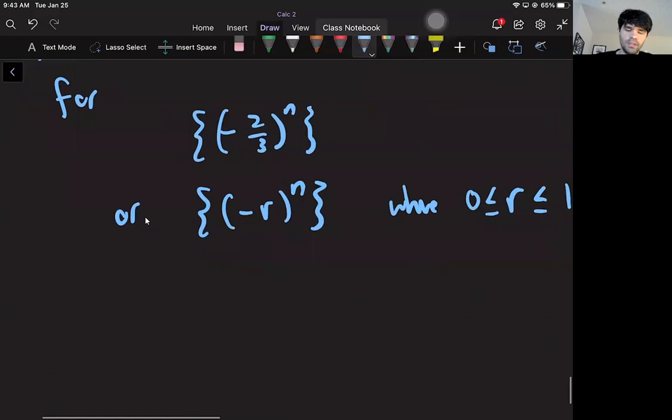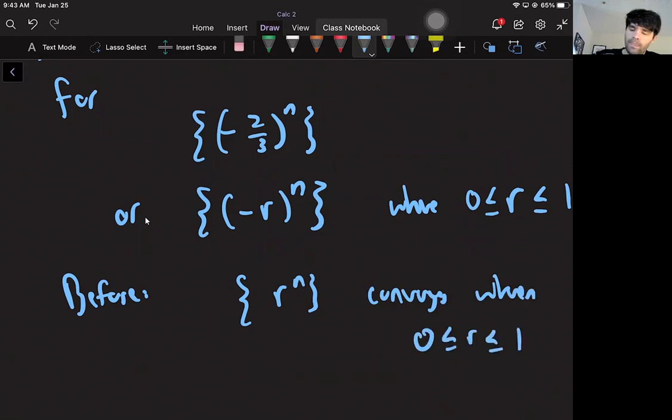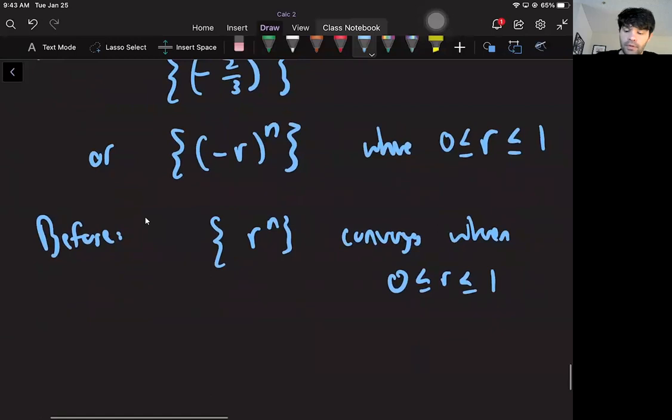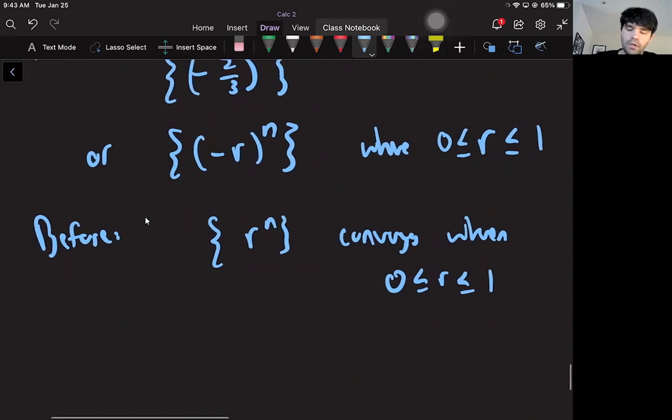And so really what this means is, before we said this converges when you're between 1 and 0. So specifically, it converges to 0 unless r is 1, because then it's just a bunch of 1s.